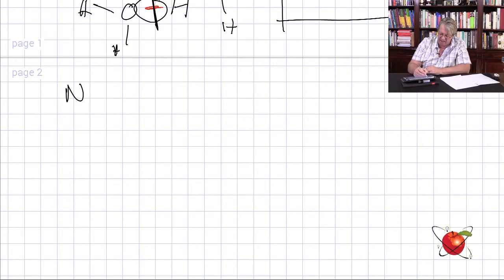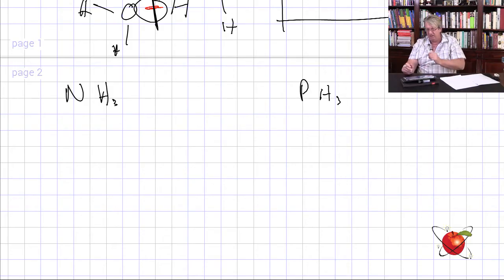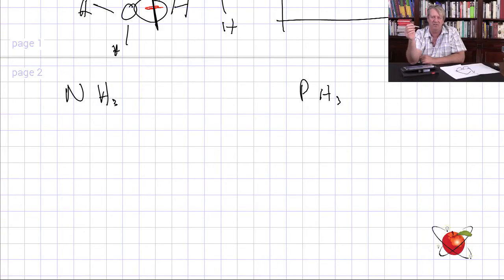The next one is with ammonia and PH3. So we've got NH3 and PH3. Now if you look at the periodic table, you will see that nitrogen and phosphorus are right above each other in the same group, aren't they? In other words, nitrogen in its second shell has a valency of -3.